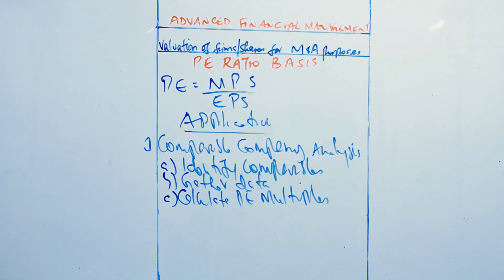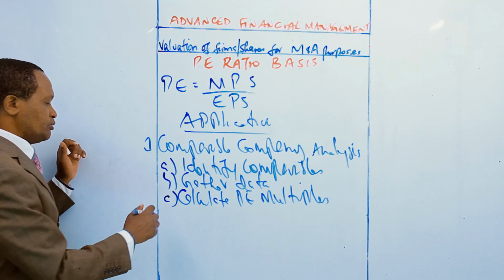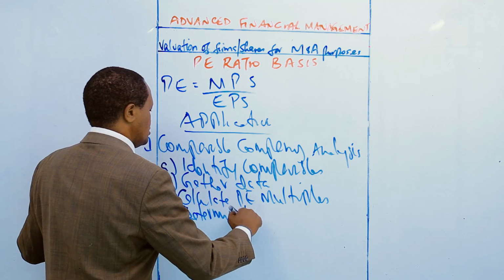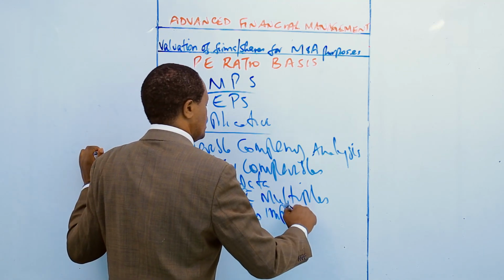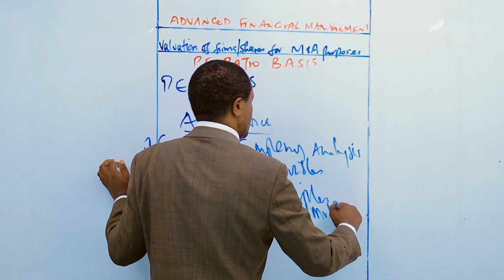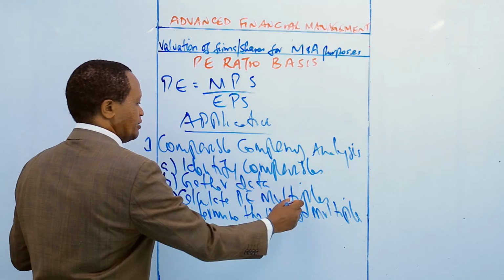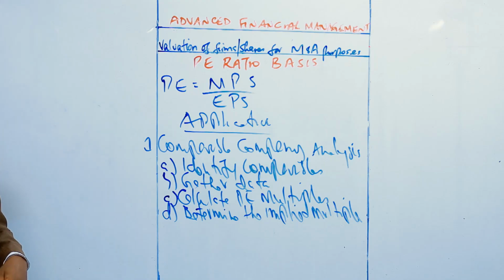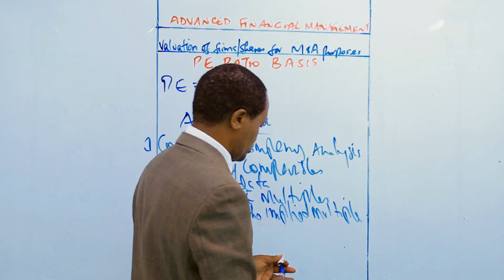Then determine the implied multiple. That is to mean that you analyze the PE ratios of the comparable companies. Let me demonstrate here what I mean.